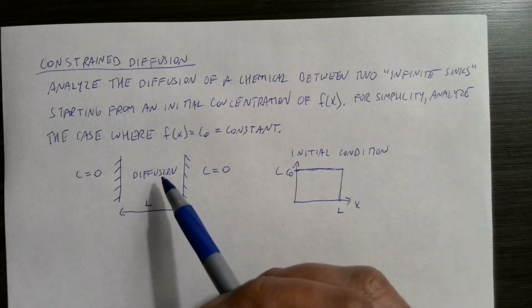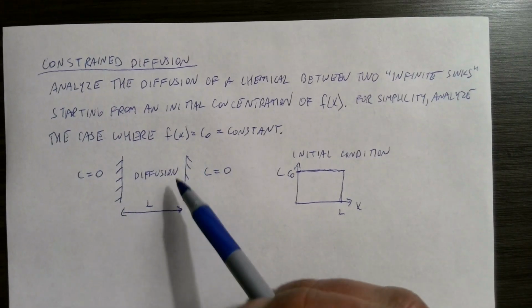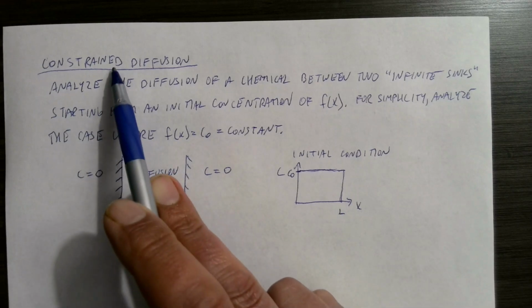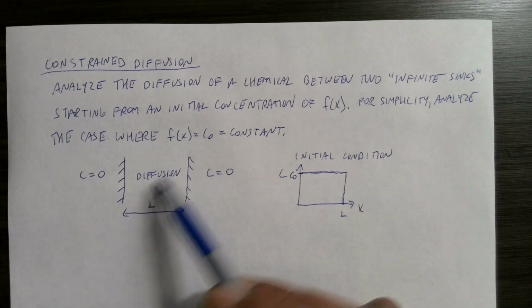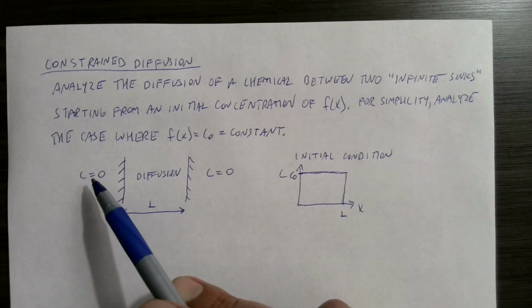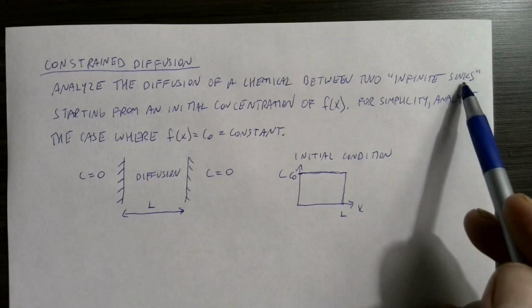In this situation, we want to look at a case where we have just random molecular movement in a finite or constrained medium, where we have boundaries on both sides. Over here, we're going to imagine that we have an infinite sink.